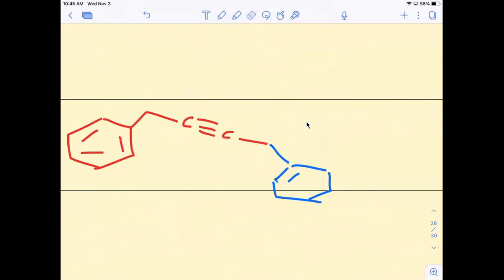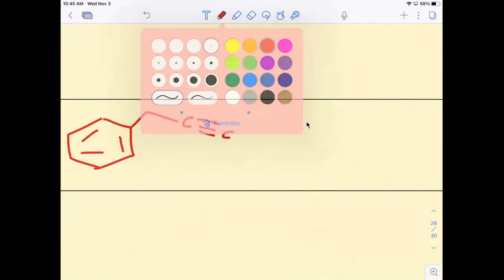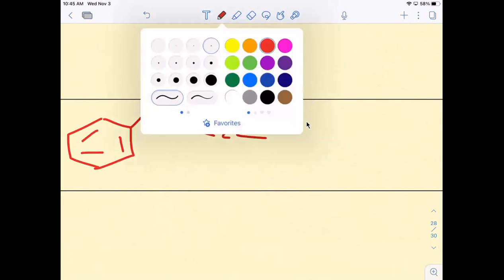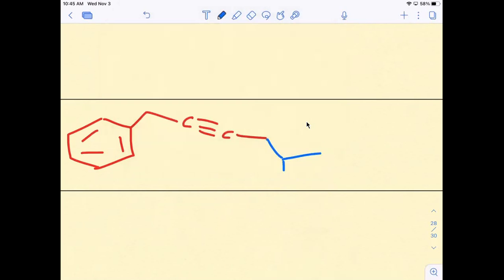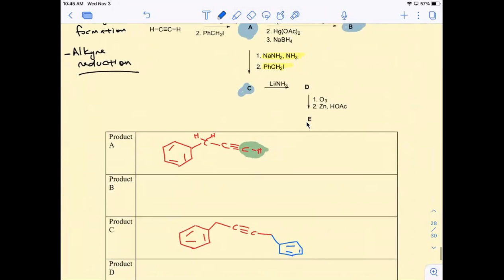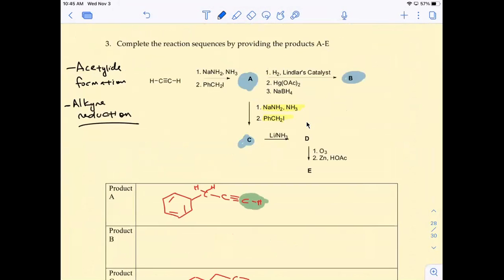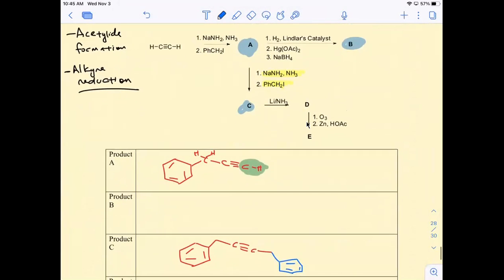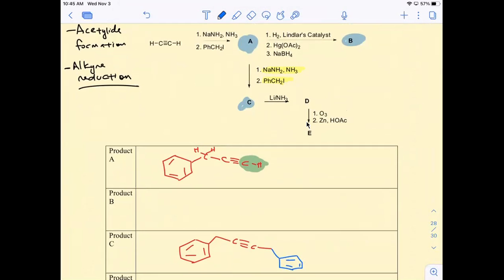Let me fix that up. It's the same set of reagents: sodium amide and ammonia, and that's gonna remove the hydrogen from the alkyne, and then I'm bringing in that electrophile, and that primary electrophile is gonna react with that. All right, so that's C.